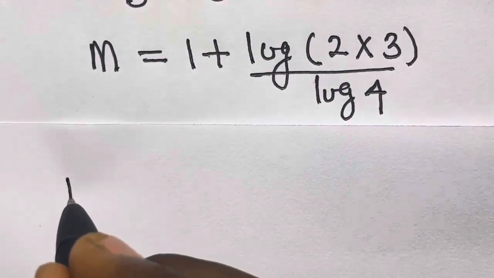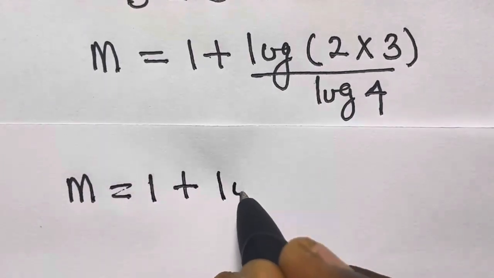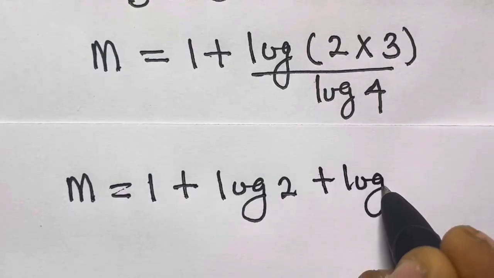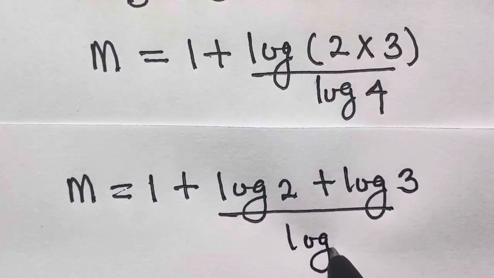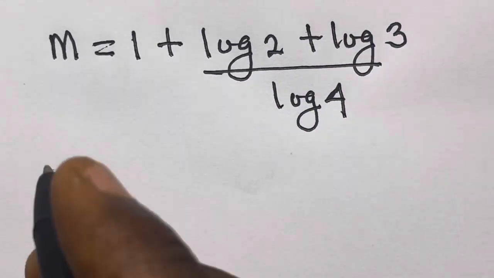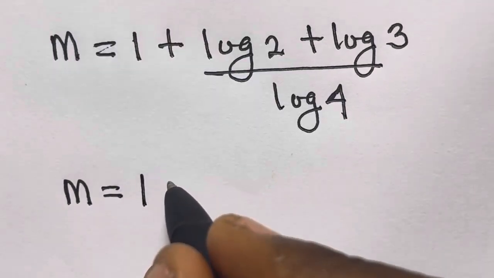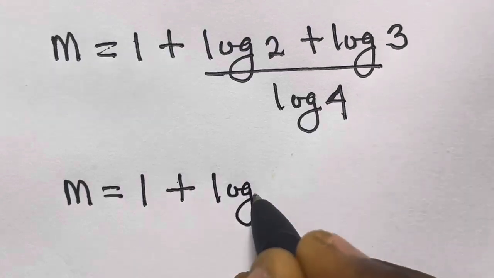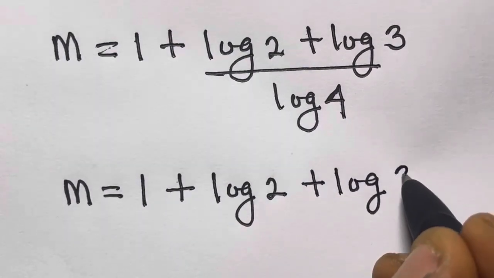So we have m equals 1 plus log 2 plus log 3 divided by log 4, right?